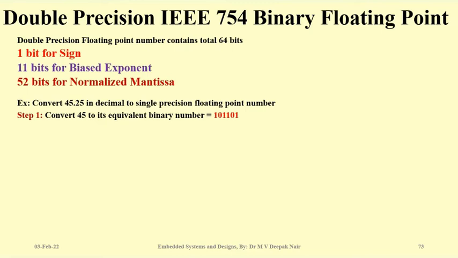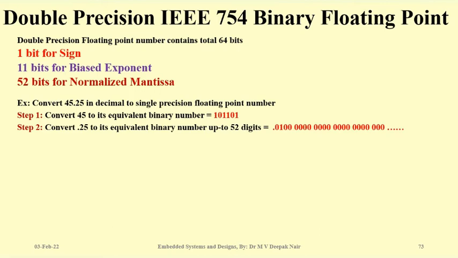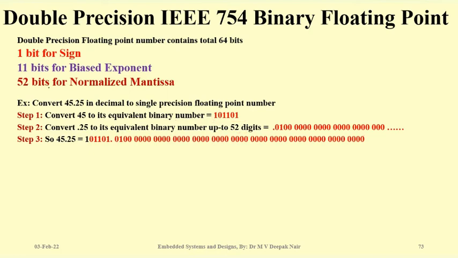First convert 45 to binary, then 0.25 to its binary, but remember up to 52 digits. Then you arrange them like this, dot this. Then you count how many points you have moved, again 5, because the example is the same.